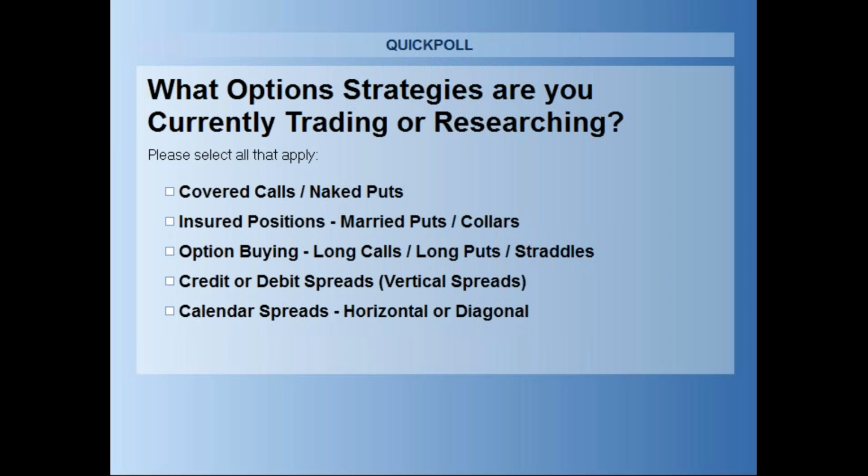Are you looking at buying options, call buying, put buying? That also might include straddles or strangles around an earnings event. Are you looking at credit spreads or debit spreads? I mean the vertical spreads there, of course, bear call credits, bull put credits, debit spreads also, maybe even iron condors we could throw into the credit spreads. Or you're doing sort of the time spreads, calendar spreads, calendar calls, calendar puts, and more.